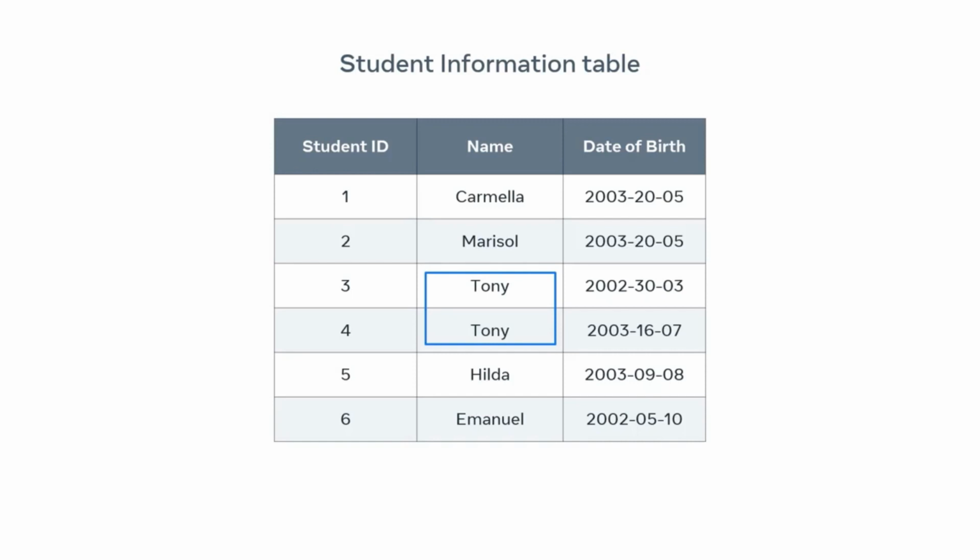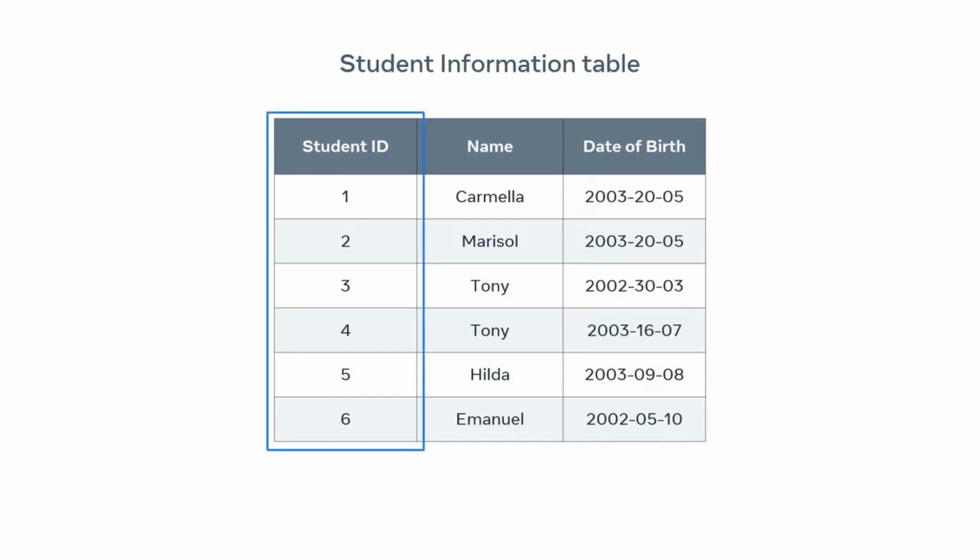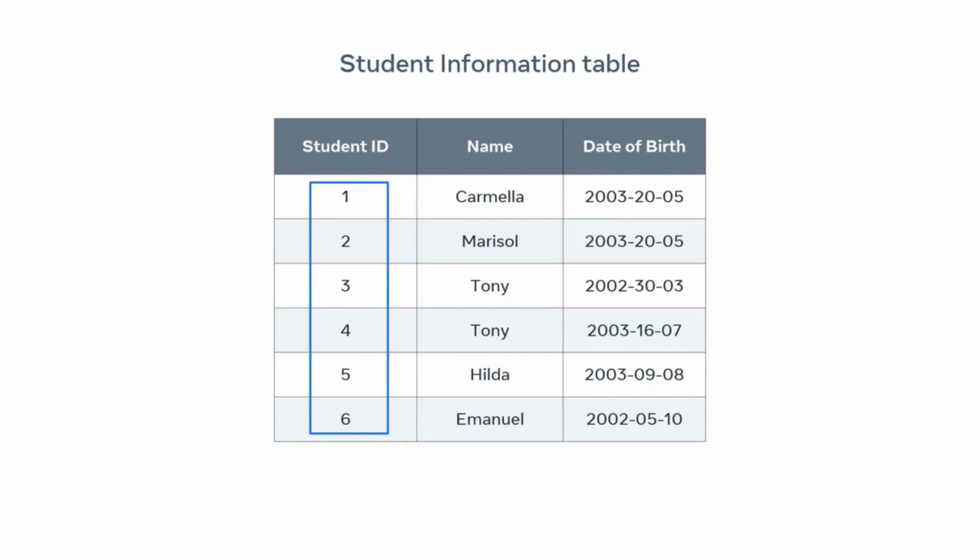If I query this column, I'll just receive both instances of Tony. And I can't use the date of birth column either, because there are two students who share the same date of birth. But I can complete this task by using the student ID column. All values in this column are unique, so it's designated as the table's primary key. And the values of this primary key column determine the information of the other columns.